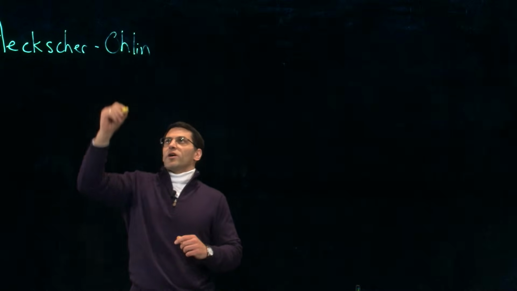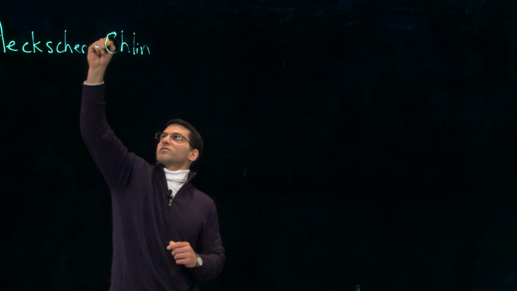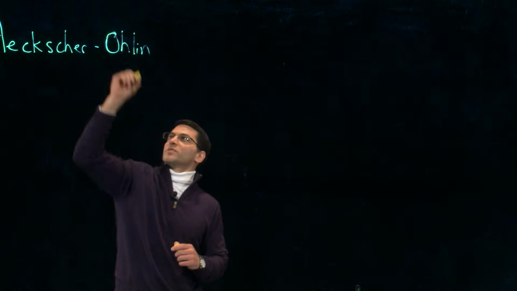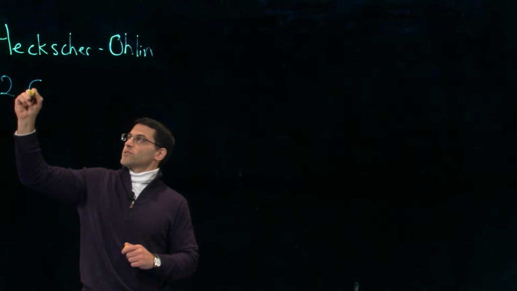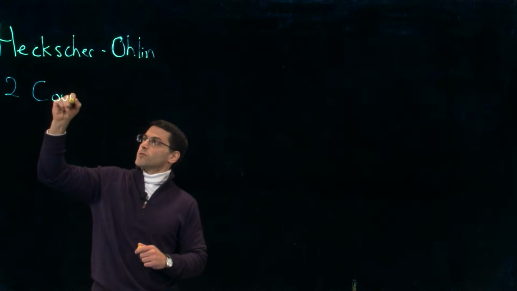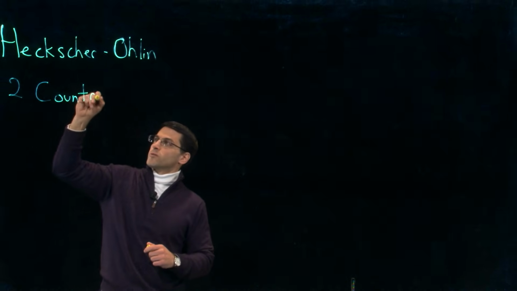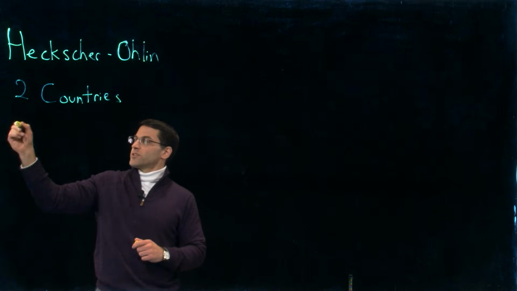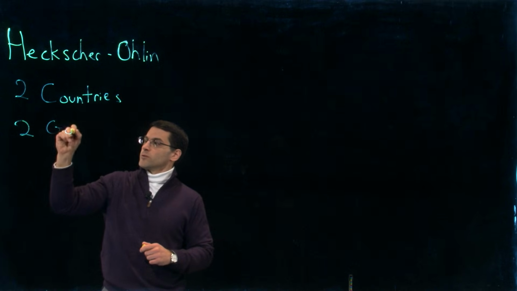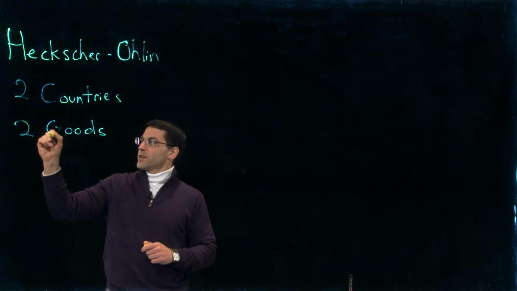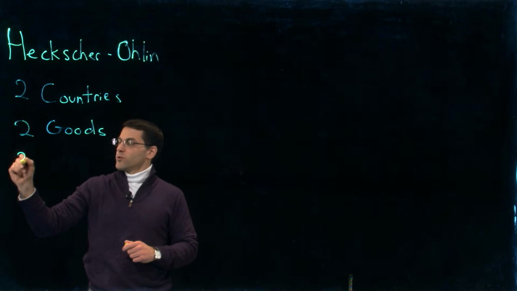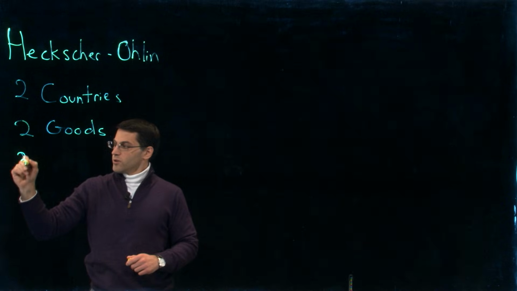Now, this model is going to be different in setup from the other two, in that once again we'll have two countries and two goods, but now we're going to have two factors of production.